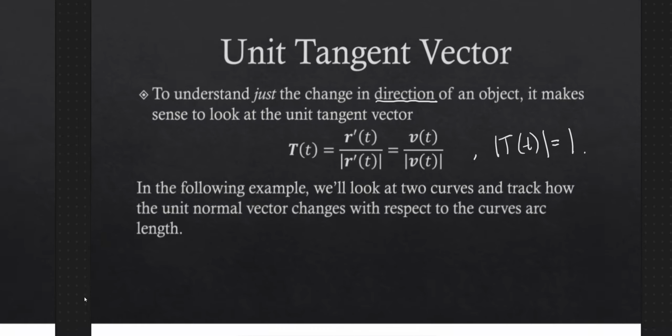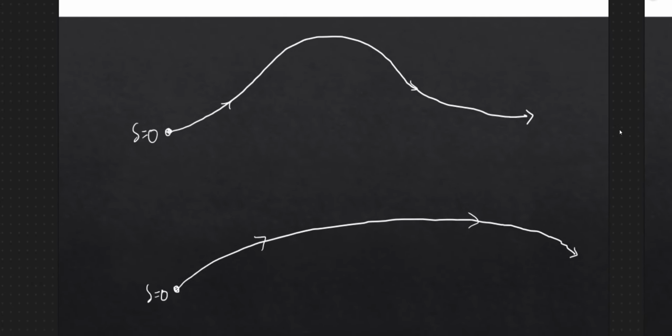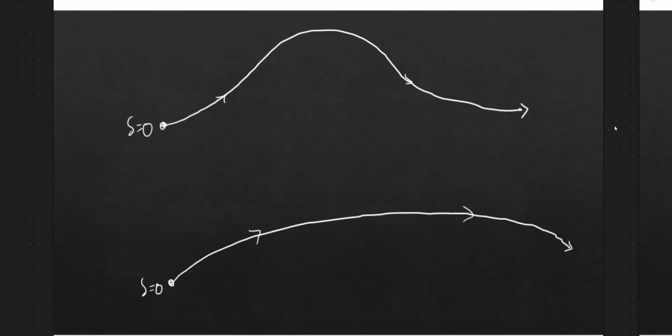The idea is, I want to see how the unit tangent vector changes over these two curves. Now, how do I compare two curves that might have different parameters? Maybe I move along this curve really slowly and I move along this curve really fast. How do I compare these two curves?